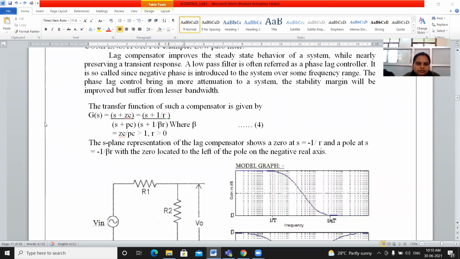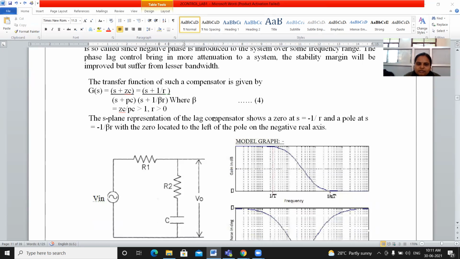The transfer function for the lag compensator is G(s) = (s + Zc) / (s + Pc), which equals (s + 1/gamma) / (s + 1/(beta gamma)), where beta equals Zc divided by Pc, which is greater than 1, and gamma is greater than 0.